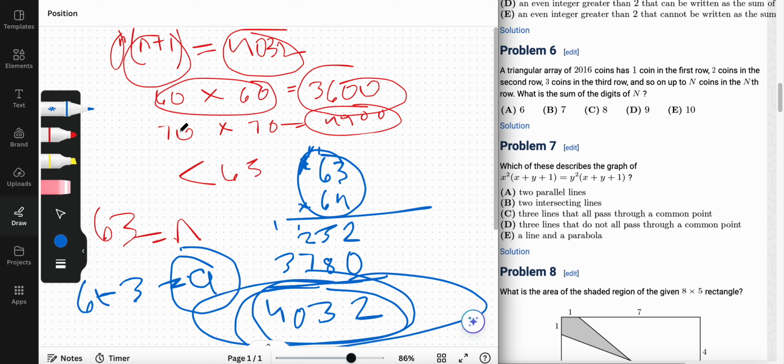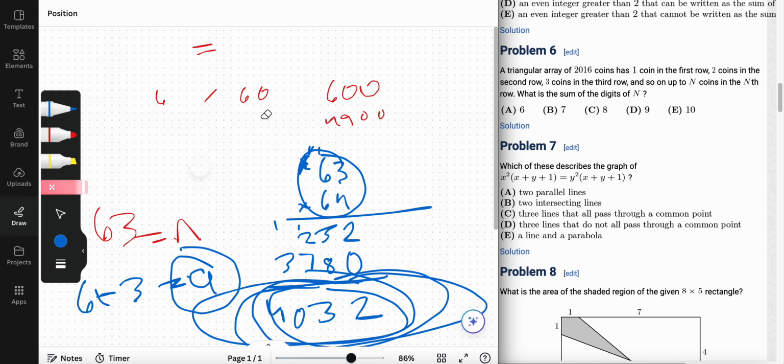I made an error here, I'm sorry about that, but after fixing it, I got the right thing, 4032. So my answer is D.